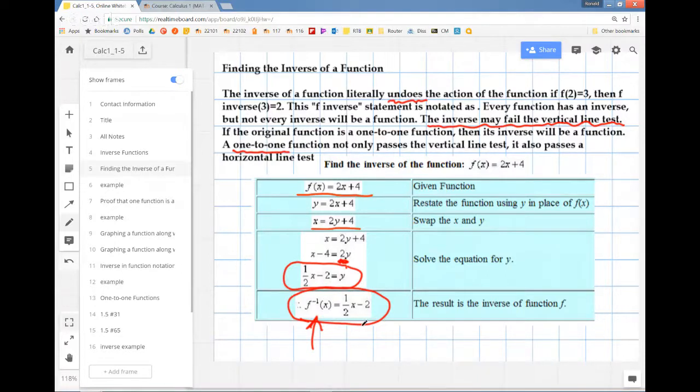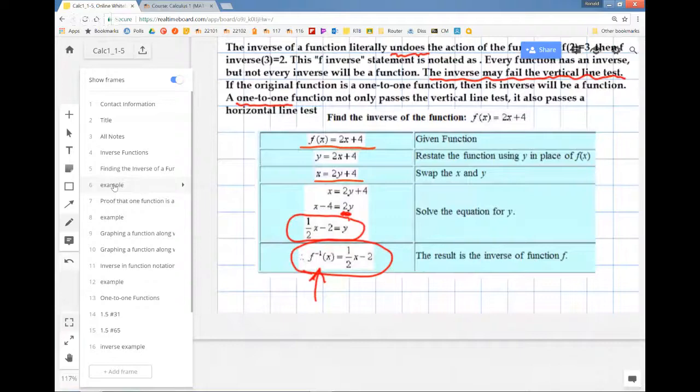But sometimes when you find an inverse, even though the original was a function, the new inverse is not, and they get all upset. I don't get as upset. I just realize, okay, that's cool, and you're right. So we'll see as we go along here.